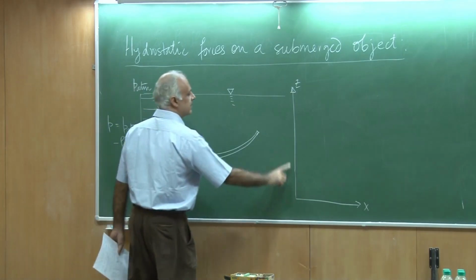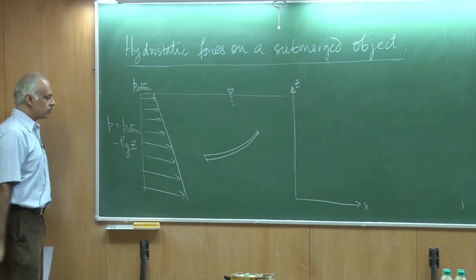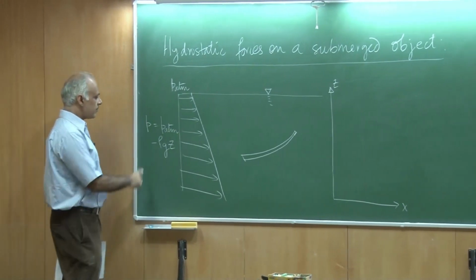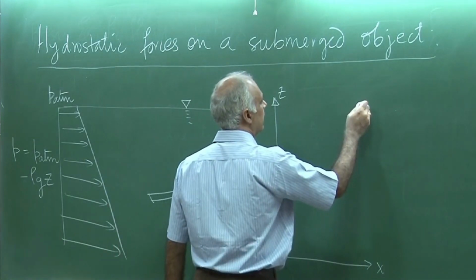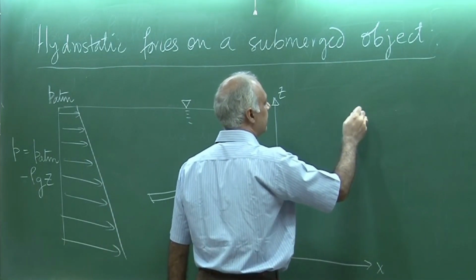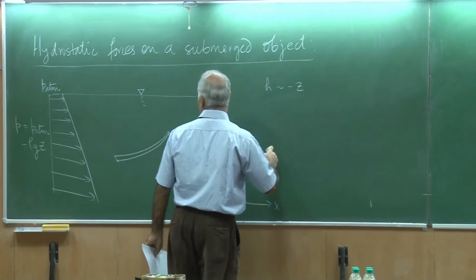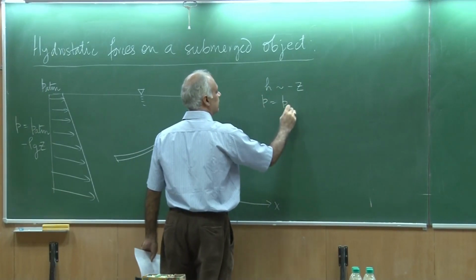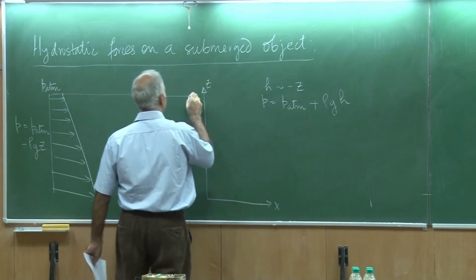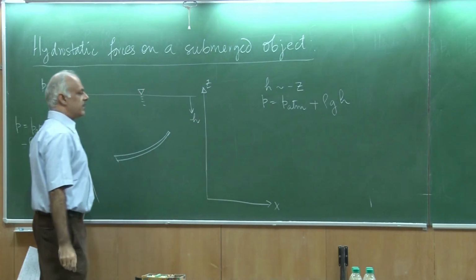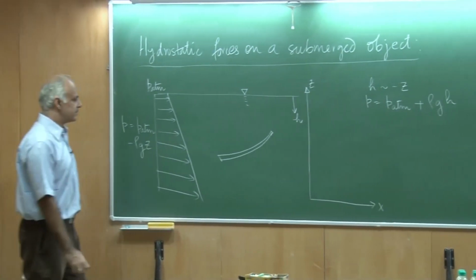Notice z is positive in the upward direction, and therefore I have to account for that when I use this equation. I could also come up with a quantity, if you are more comfortable with h, I could say h is nearly minus z, and then I could write P as P atmosphere plus rho g h, where h could vary in this direction. So it really depends on the coordinate system that you use. Both are absolutely fine. All right.